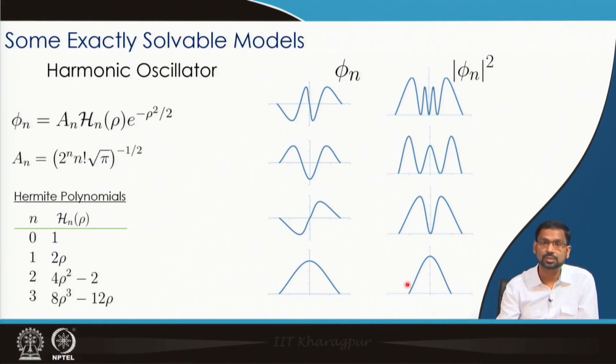Mind you, the harmonic oscillator's potential you can imagine plotted somewhere here. So, you can see that the probability of finding the system becomes higher at the side regions towards the ends, which are also called the turning point regions.